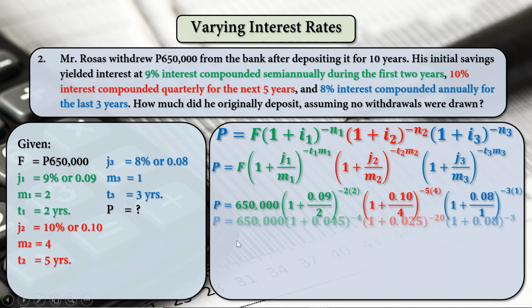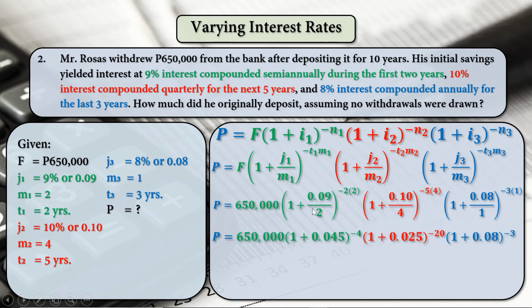So that results yung ating mga fractions, itong 0.09 divided by 2 is 0.045, 0.10 divided by 4 is 0.025, 0.08 divided by 1 is of course 0.08. Then 2 times 2 is 4, 5 times 4 is 20, then 3 times 1 is 3.